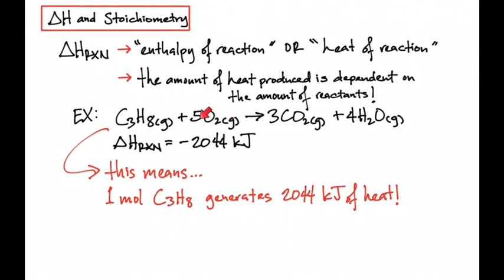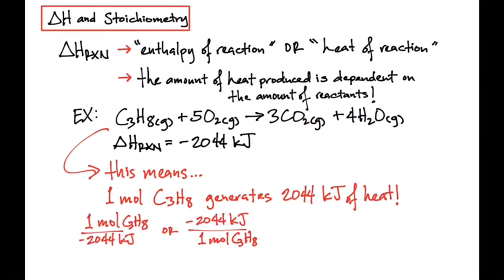And you can also use the other chemicals here in this balanced chemical reaction equation. So you can say that for every 5 moles of oxygen gas, based on this chemical reaction, that will generate 2,044 kilojoules of heat. You can also say for every 3 moles of carbon dioxide generated, this will release 2,044 kilojoules of heat, and so on and so forth.